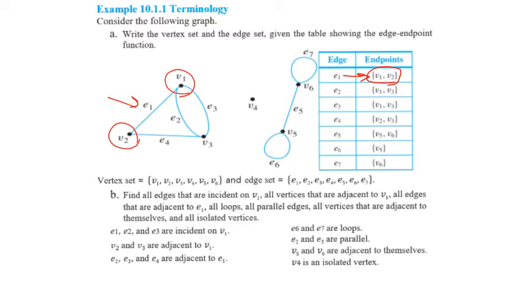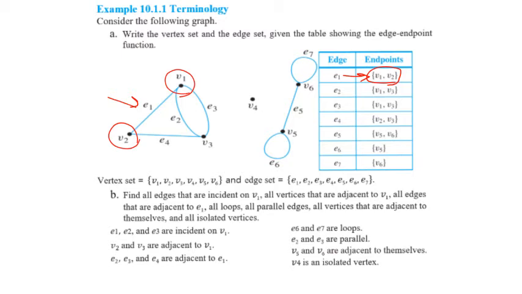So we know that E2 and E3 have the same endpoints, so both of them are parallel. And then the next part of the question asks for all vertices that are adjacent to themselves. So obviously V5 and V6 are adjacent to themselves because edges E6 and E7 connect V5 and V6 to themselves respectively.